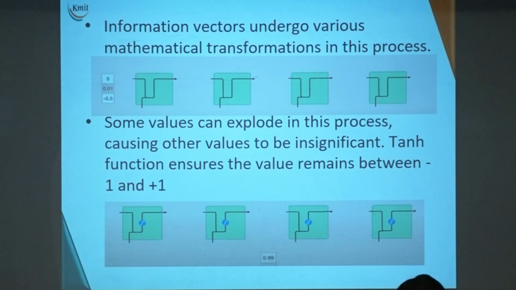Now, information vectors undergo various mathematical transformations in this process. Some values can explode, causing other values to be insignificant. Therefore, a tanh function will ensure that all the values stay between -1 and +1.